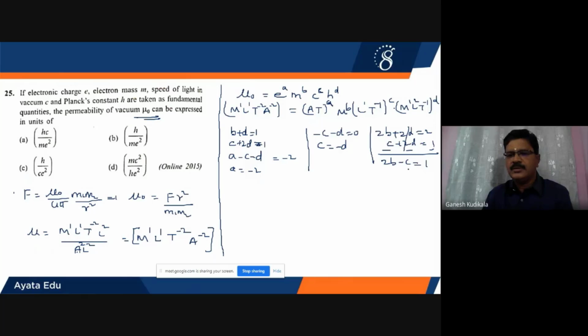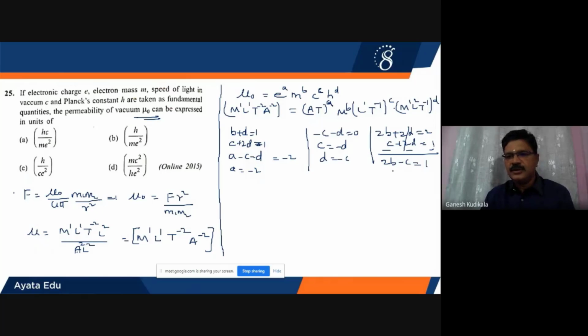Now b is required. So therefore in place of d I can use c, no? So therefore if I use d will be equal to minus c, yeah, d will be equal to minus c.